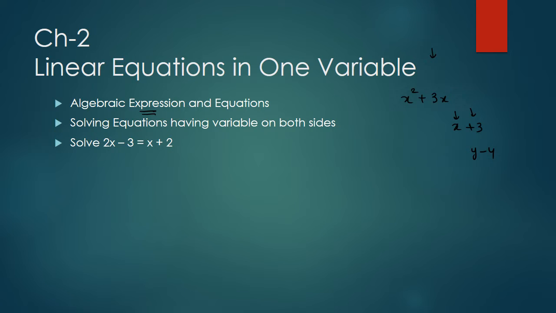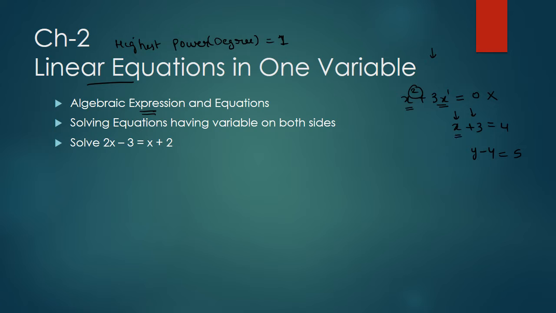But when you equate them with some number, then it becomes an equation. And when the highest power, that is the degree of the expression, is 1, then we say that it is a linear equation. For example, the power of x is 2 here and the power of x is 1 here. So the highest power is 2, it is not a linear equation.